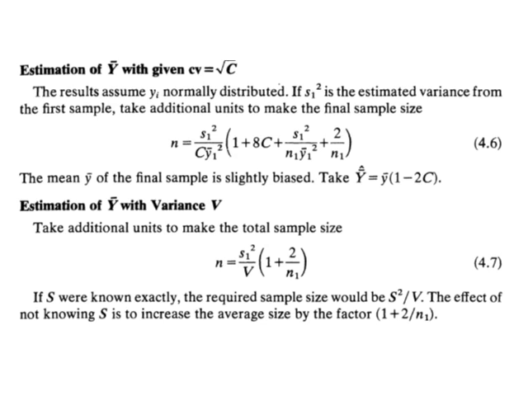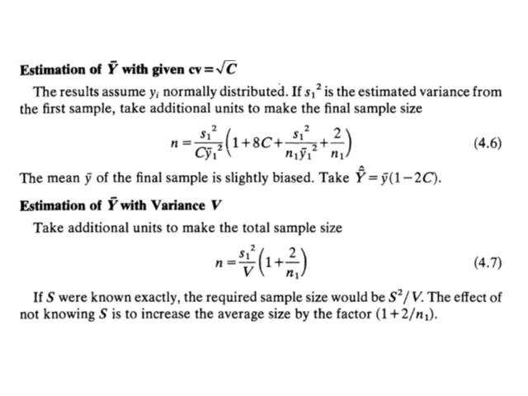The mean ȳ of a final sample is slightly biased. Take ȳ-hat equal to ȳ times (1 − 2C). For estimation of ȳ with variance V, take additional units to make the total sample size n = (s1²/V)(1 + 2/n1).